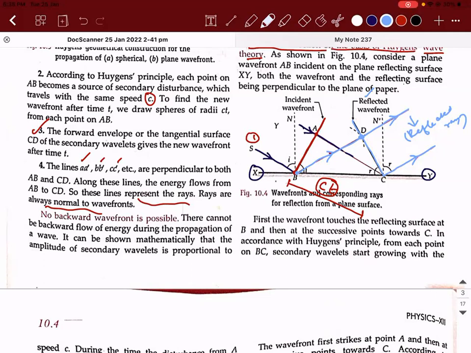Any doubt till here? So I'm hoping there is no doubt, right?